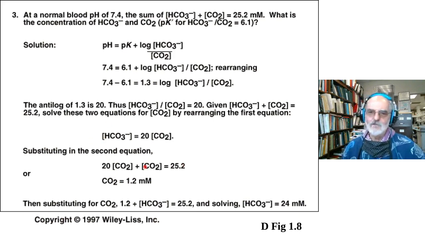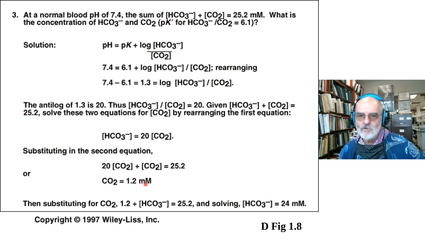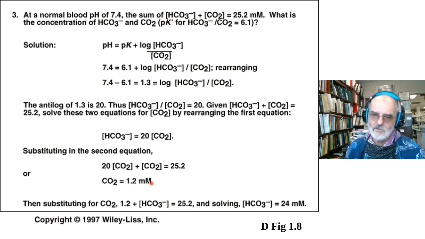So that means it's 21 CO2. And so we divide 25.2 by 21, and the answer we get is 1.2. All right, so normal CO2 is 1.2 millimolar.